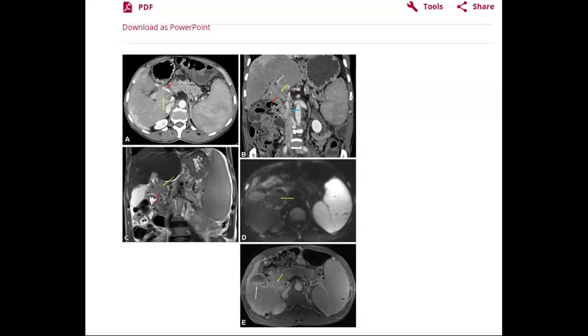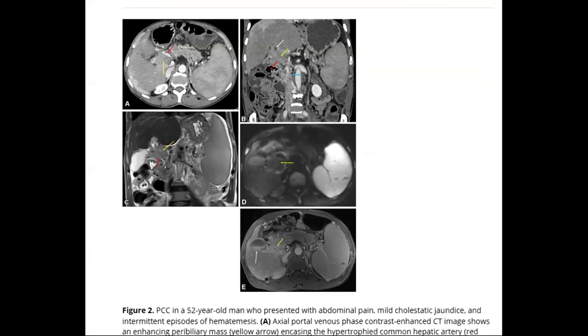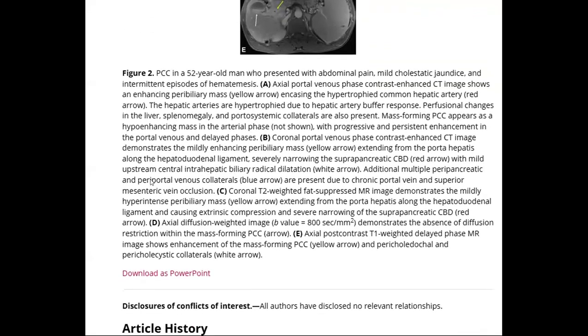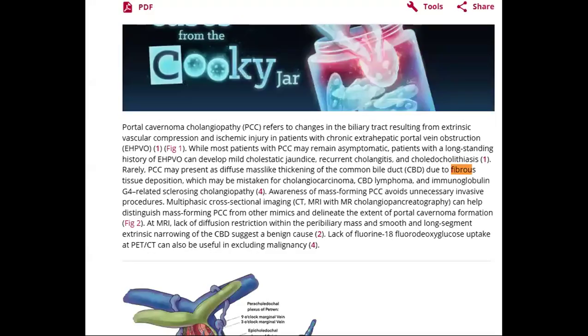The soft tissue looks alarming there, but I wanted to understand the soft tissue signal on the T2 coronal. Are these all just small dilated venous collaterals, or are these fibrous reactive changes? I think it's fibrous tissue. Yeah, fibrous tissue deposition.